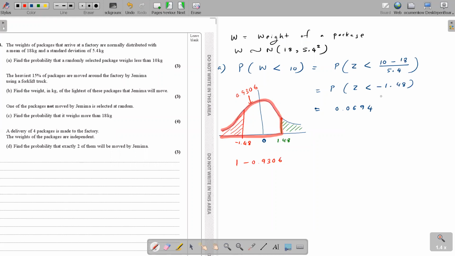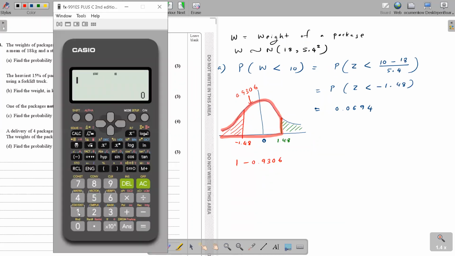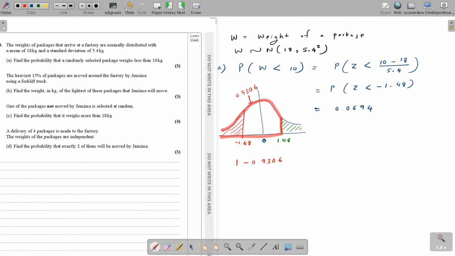Just check whether you get the same answer in the calculator or not. Same answer, yes. So you can get the exact same answer. Just make sure in the calculator when you are giving, you give it to 4 dp. Are you all okay with that?